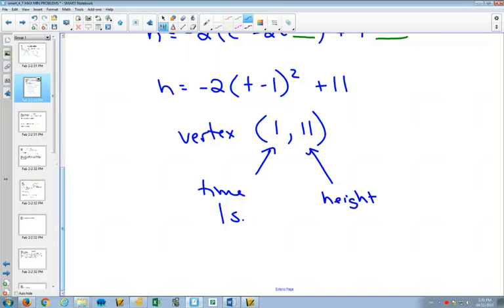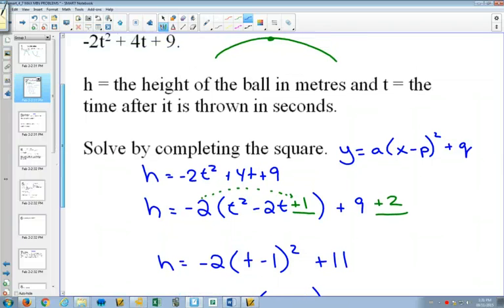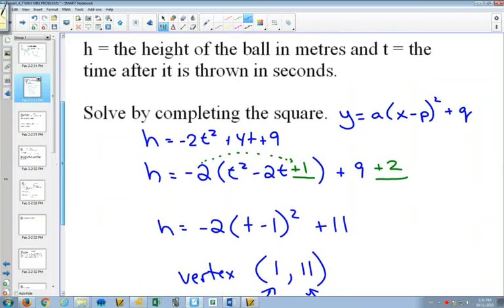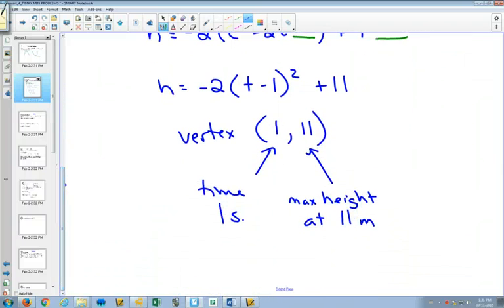And in this case, it's going to be our max height, because that's our vertex. And because our vertex is opening down, we would have a maximum. Our max height at 11, I think it was in meters, right? Height, the ball in meters, time in seconds. So after 1 second, this ball gets to its maximum height at 11 meters.